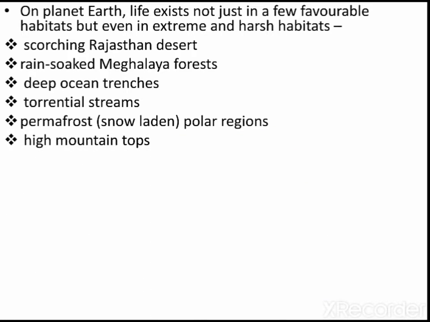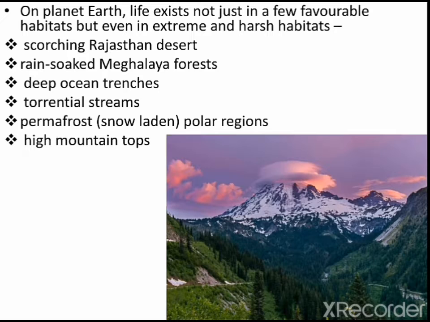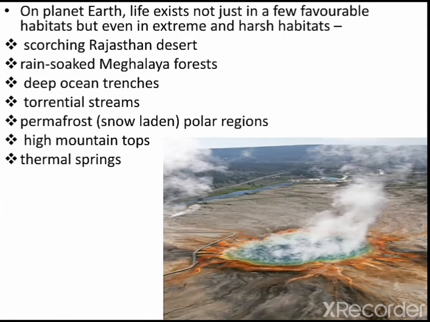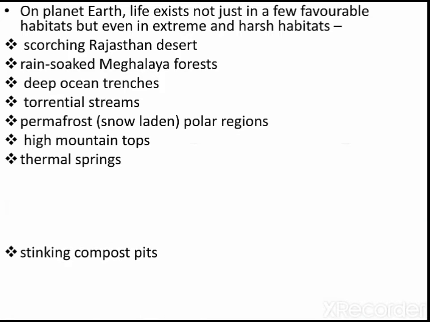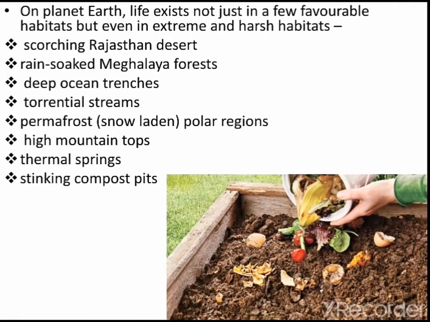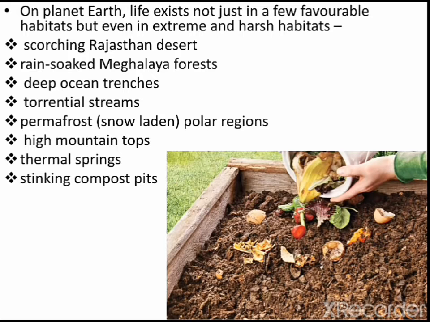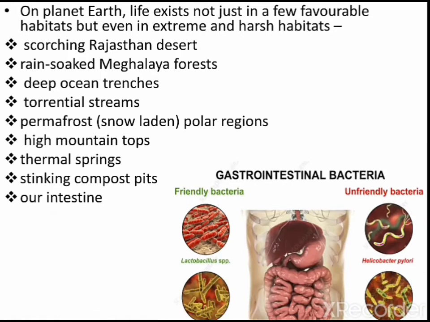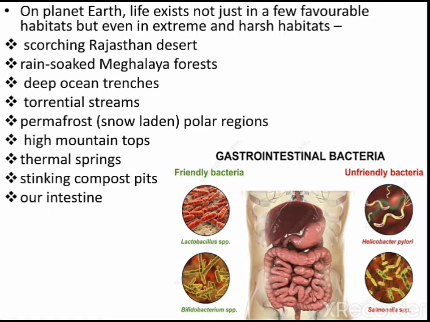And the next one is the high mountain tops, where the temperature is very less. Another one can be the thermal springs, where only archaebacteria can survive. And another one, we can take the example of the stinking compost pit, where a large number of decomposer bacteria can survive. And of course, our intestine as well, it can be a home to a large number of bacteria such as the lactobacillus, etc.